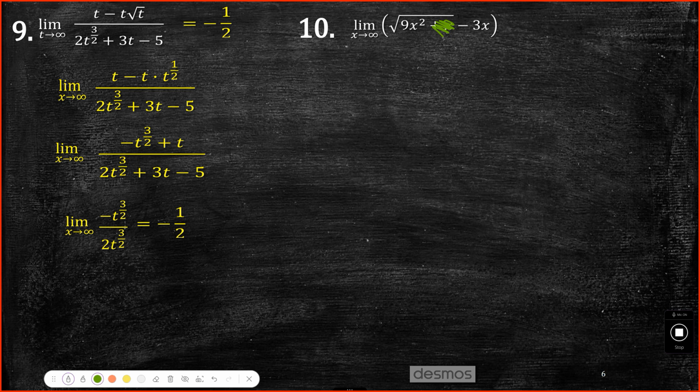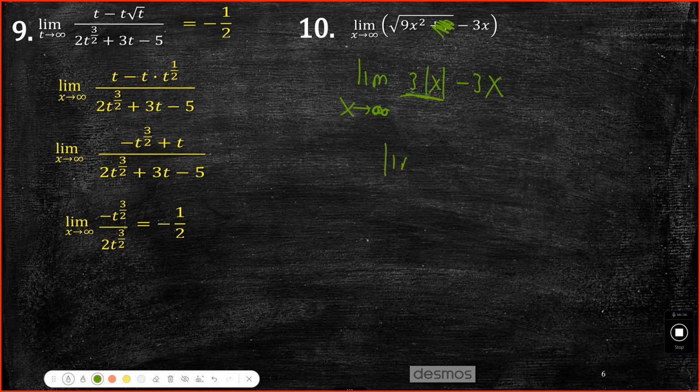And then I proceed to continue on the way I was doing the other problems, limit as x approaches infinity. And so now I have the square root of 9x squared. The square root of 9 will be 3, and the square root of x squared is the absolute value of x, minus 3x. We're going to positive infinity, so we only care about the positive x, not the negative x of this part.